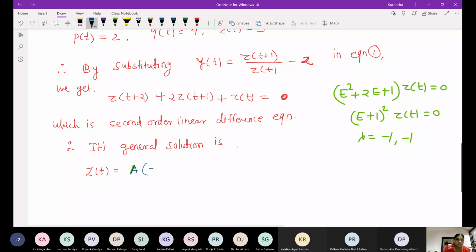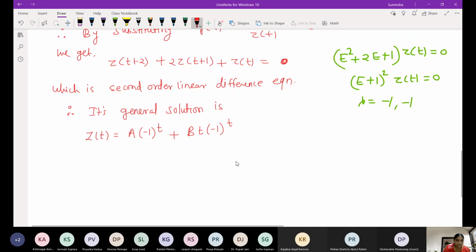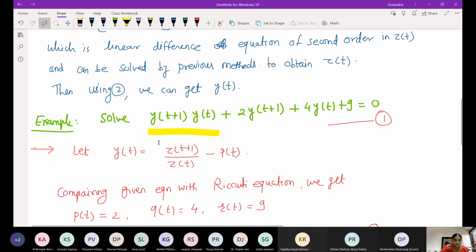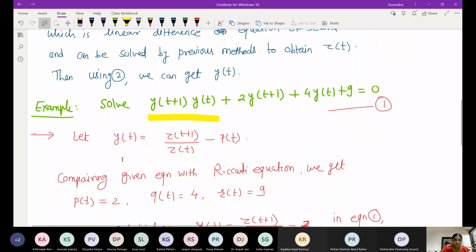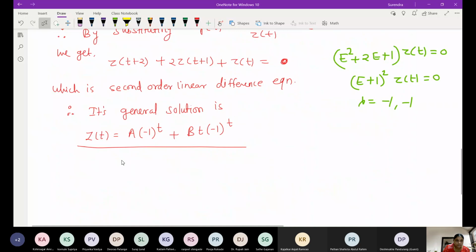So its general solution is given by A times minus 1 raised to t plus B times t into minus 1 raised to t. So this is my z t. But I want the solution y. So what should be y t? Therefore y t will be z at t plus 1 upon z t minus 2.